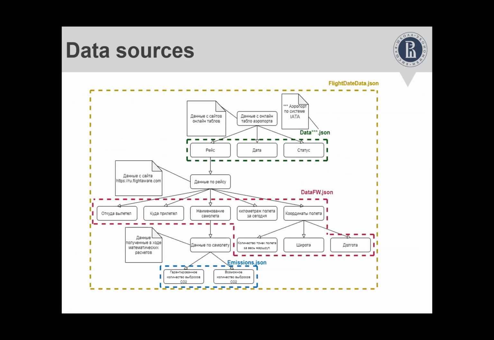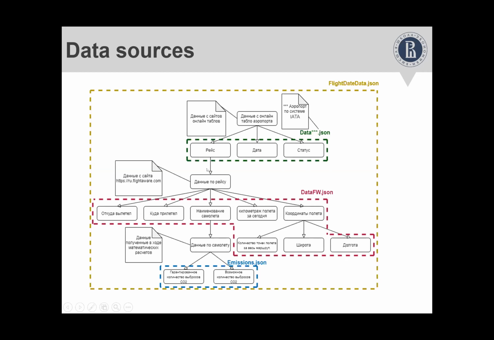Then we created data migration files, where we find which information comes from which source. For example, the first source is airport information desks, where we can scan information about flights, dates, and status.